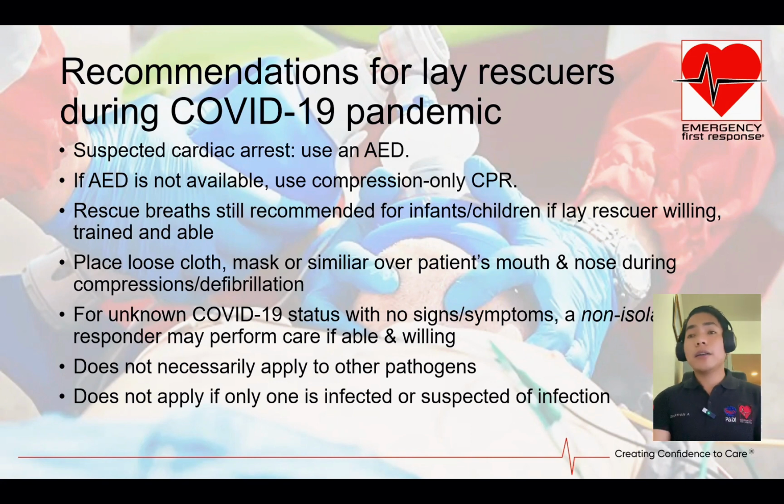For unknown COVID-19 status with no signs and symptoms, a non-isolated responder may perform primary and secondary care, if able and willing, without modification. A non-isolated responder is someone already living in close social contact with the patient, such as a spouse, parent or child. Most cardiac arrests occur at home, making this a reasonable possibility. Because the patient and responder are already exposed to each other, any additional risk of disease transmission is likely to be low.